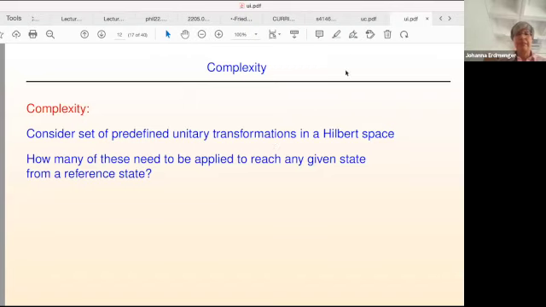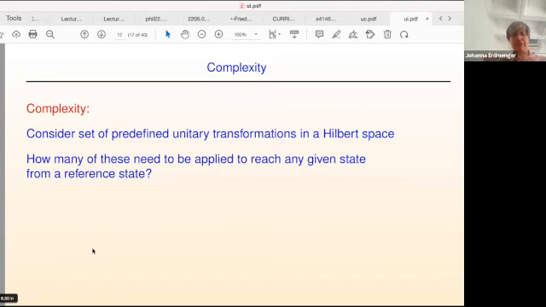And so then the question is, how many of these operations do I need to apply to reach any given state from a reference state? So say you start with some state, this is your reference state in your Hilbert space, and then you ask how many of these predefined unitary transformations do I have to apply to reach any other given state in the Hilbert space?